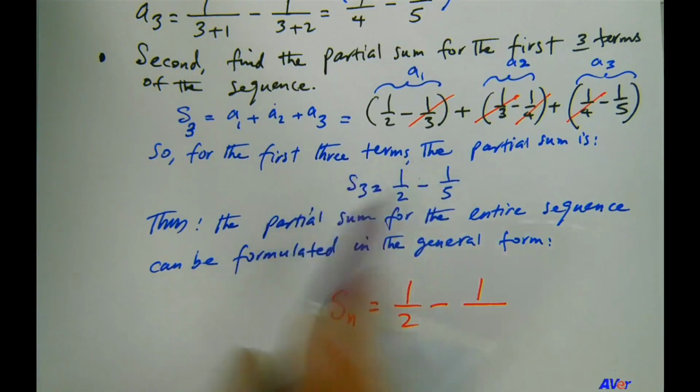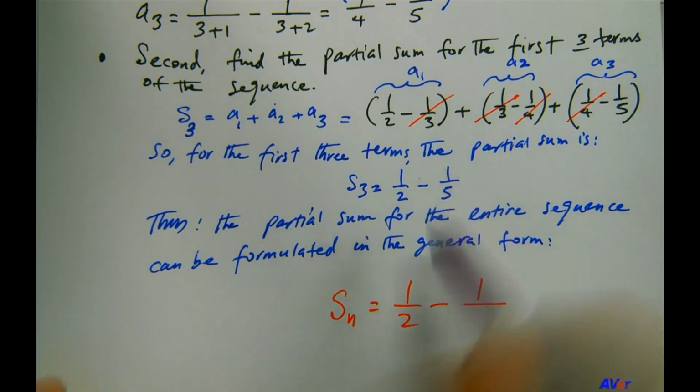What you see here is very important. First, you find a specific partial sum for a certain number of terms in the sequence. Then you use that result to generalize to the whole sequence. That's what we're doing here.